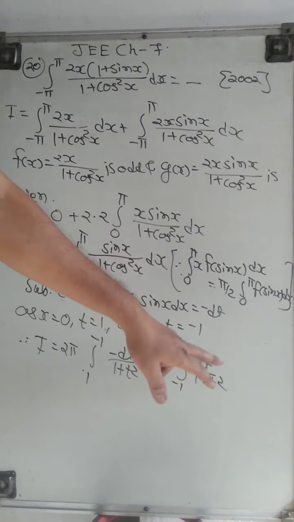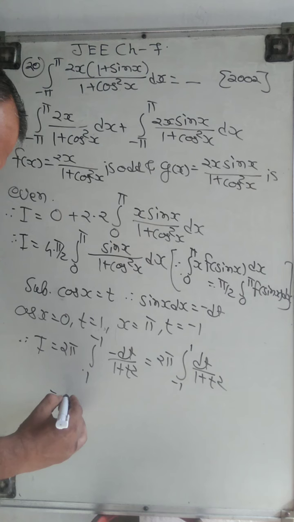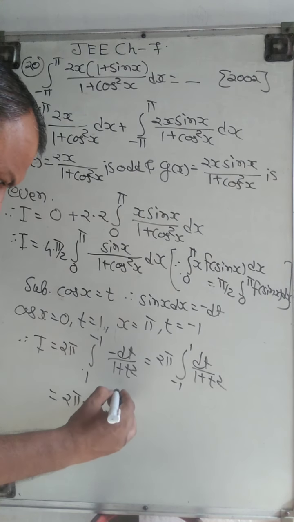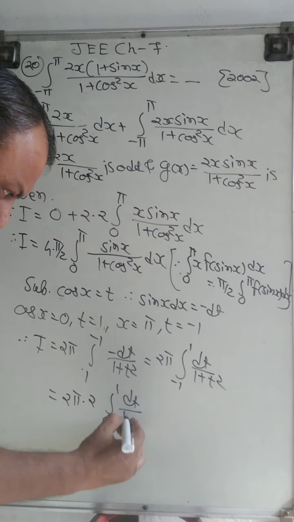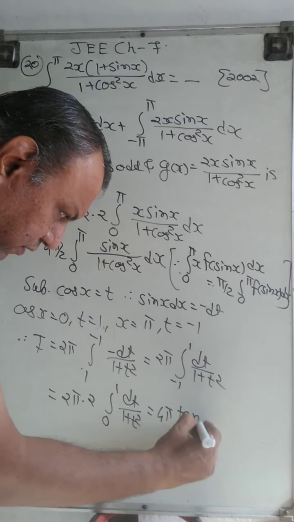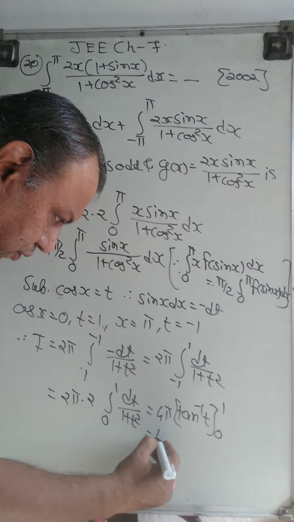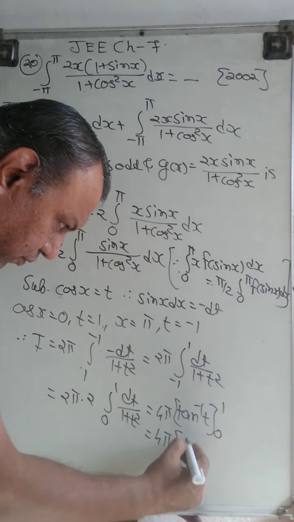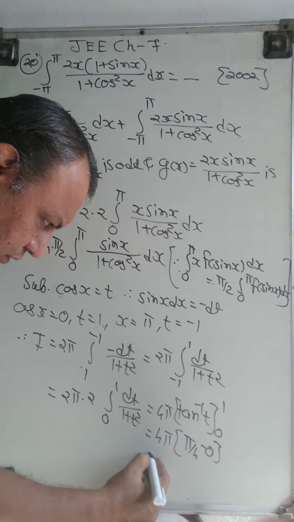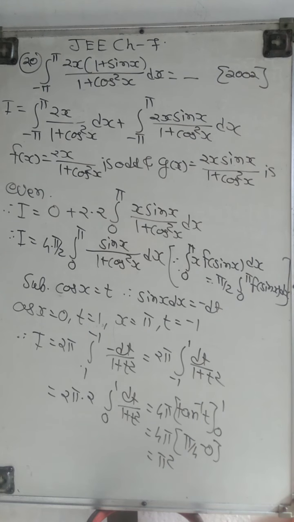Now this is also an even function, so here it is 2 pi into 2 integration 0 to 1 dt upon 1 plus t square. It is 4 pi into tan inverse t from 0 to 1. It is 4 pi times pi by 4 minus 0. So this is pi square.